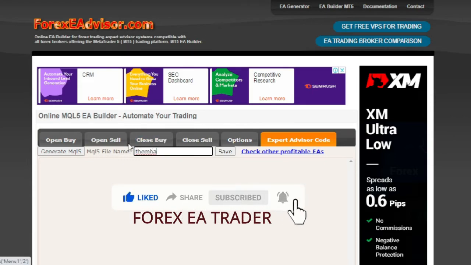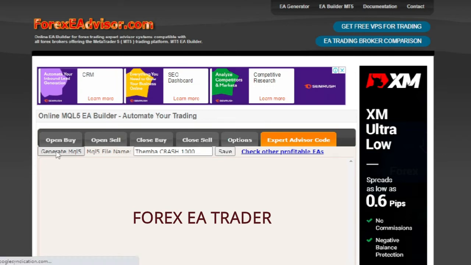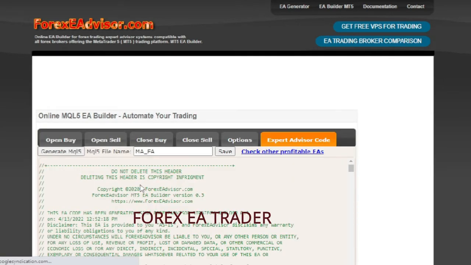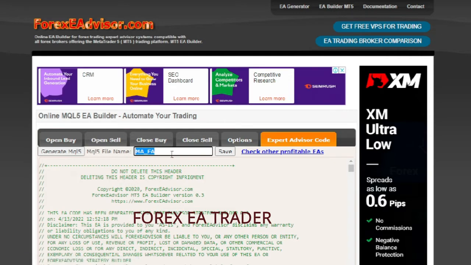The Timber robot, which trades Crash 1000. That's the name for our robot. Sorry, I should have named it after generating our code first. So we are going to name it Timber again, Timber Crash 1000.